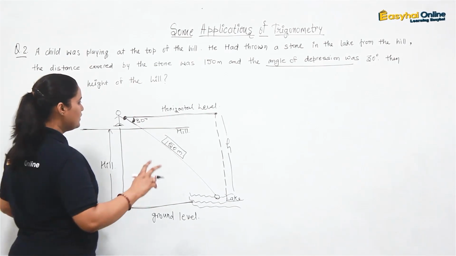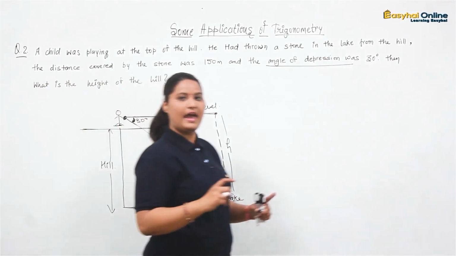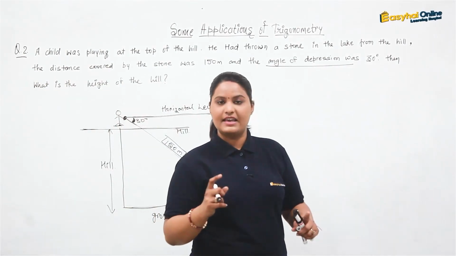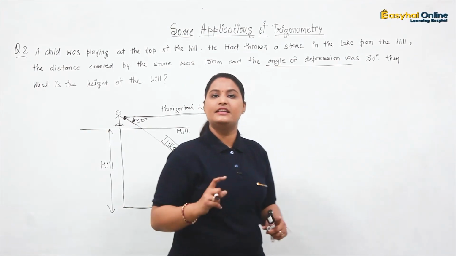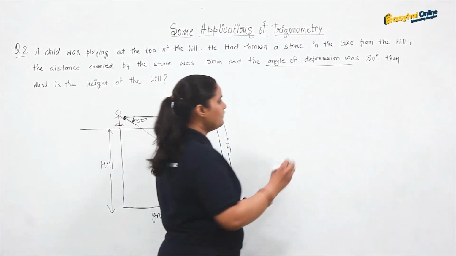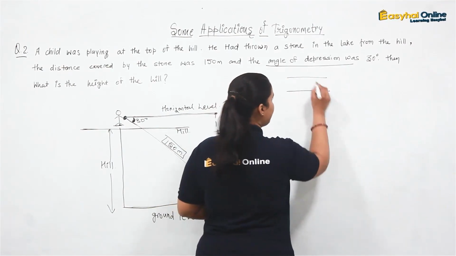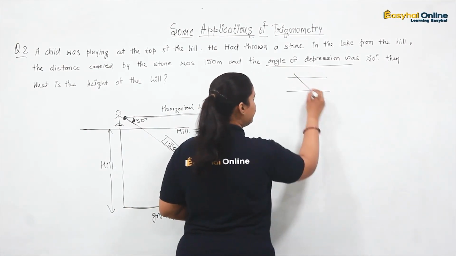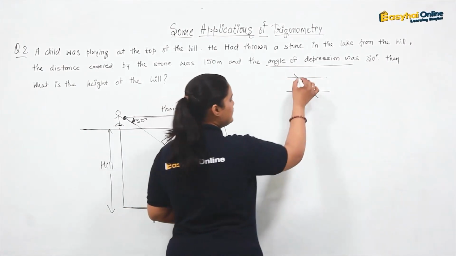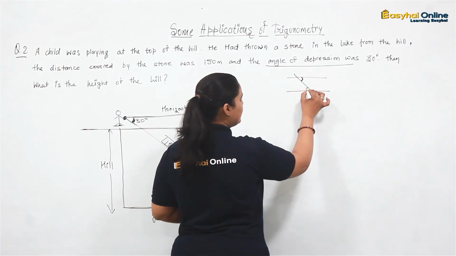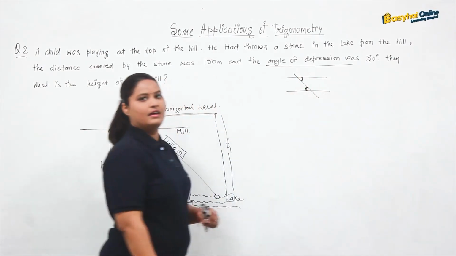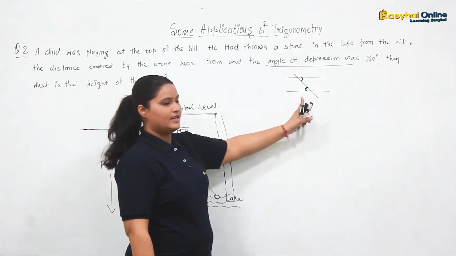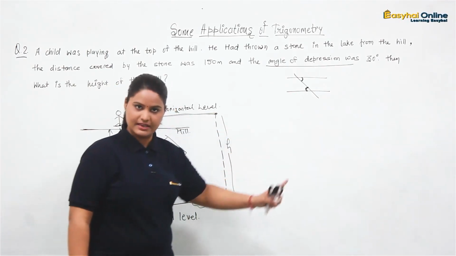Number two, you have learned about angles and there is the alternate interior angle. Whenever there are two parallel lines and a line is crossing like this, this angle is always equal to this angle, and this pair of angles is known as the alternate interior angles.